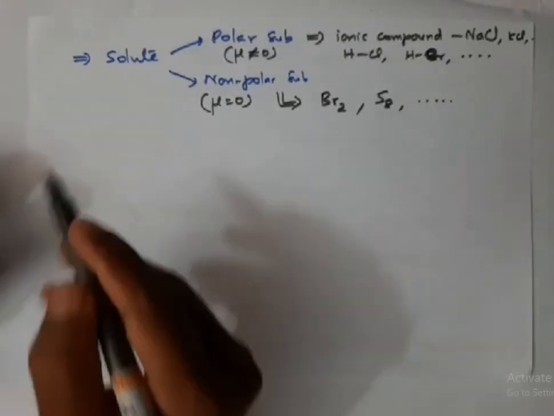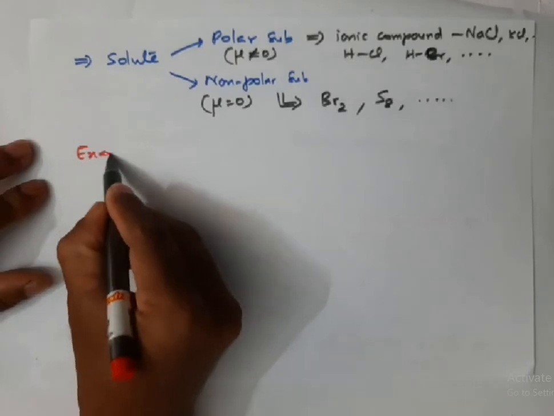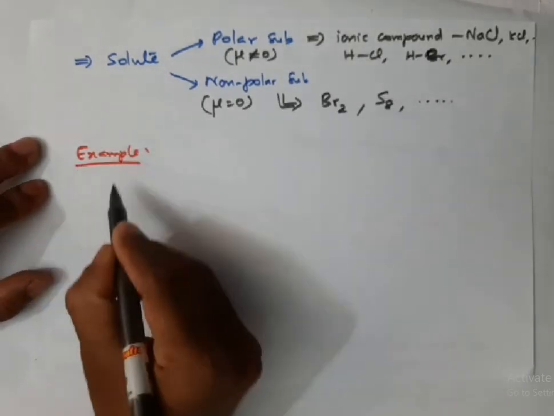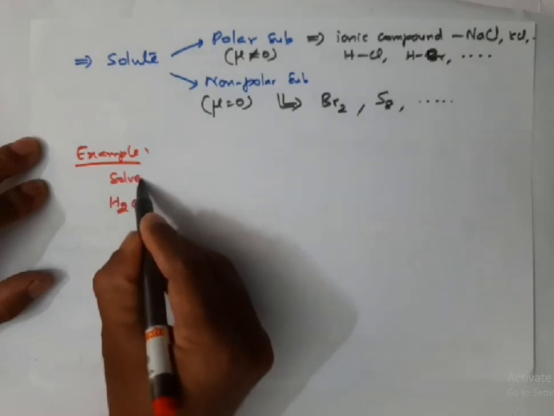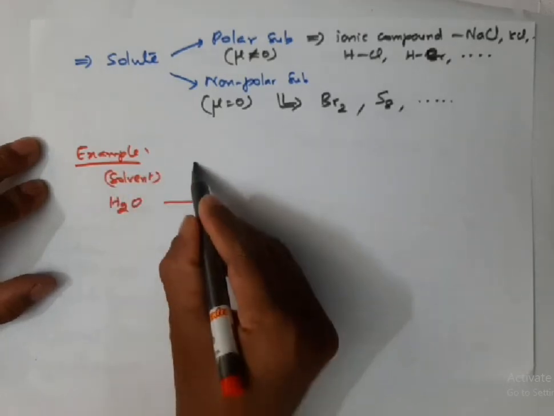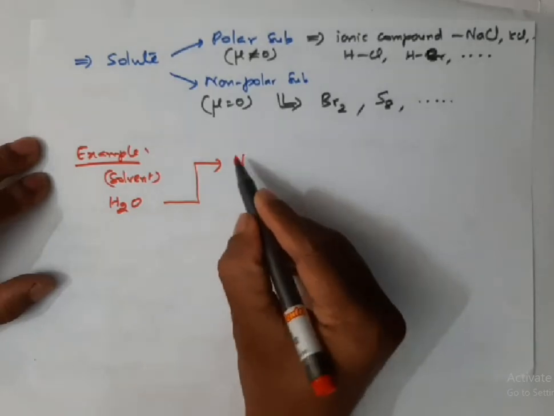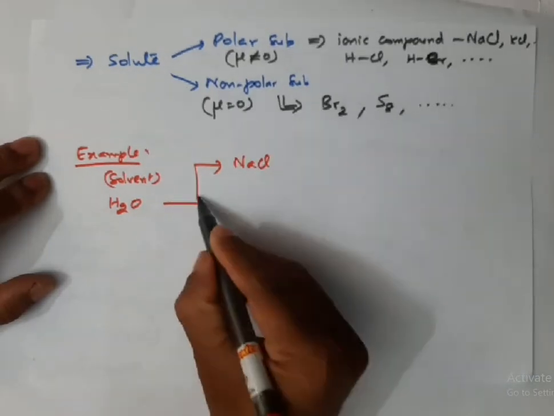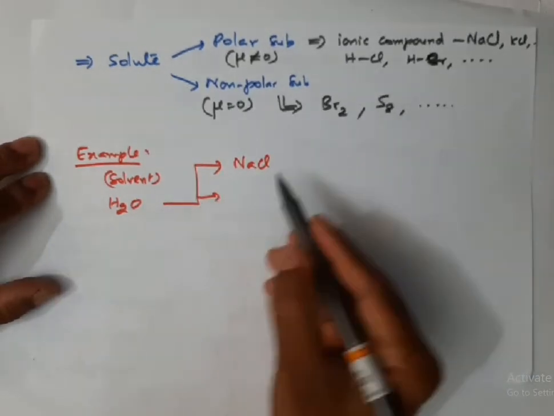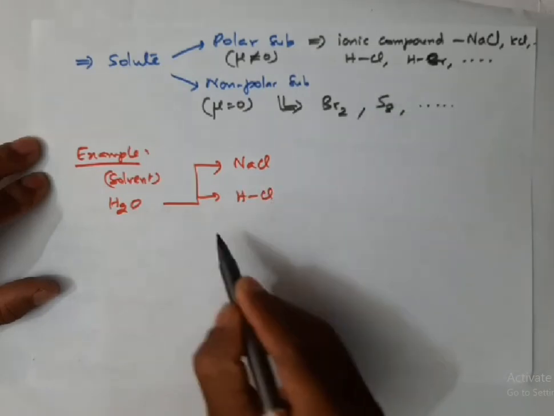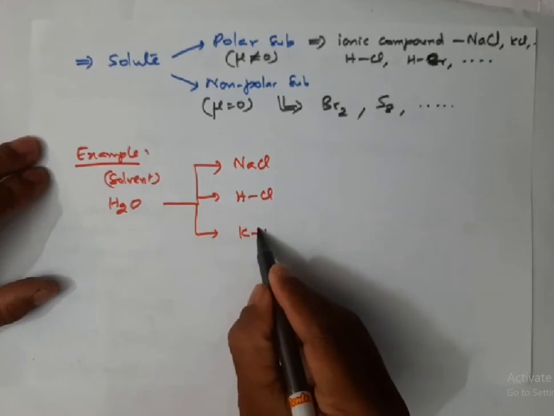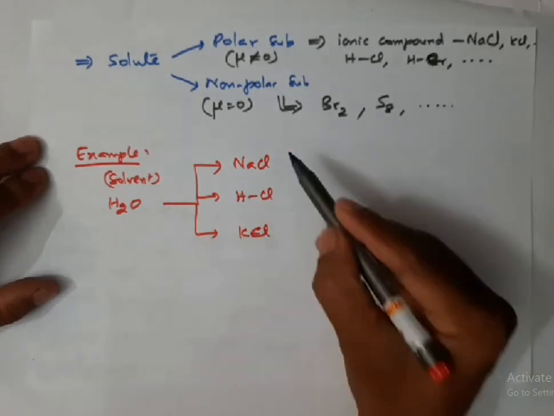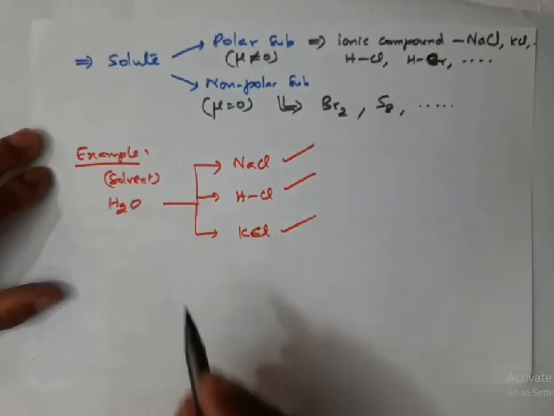Say for example, if I take water as my solvent, it can dissolve polar substances, say sodium chloride. It can dissolve HCl. It can dissolve potassium chloride. All these substances can be readily dissolved.